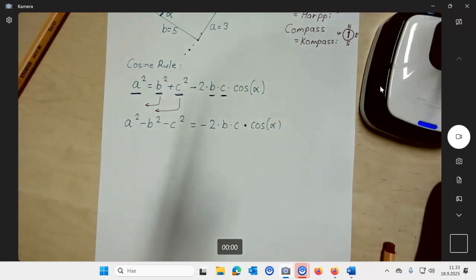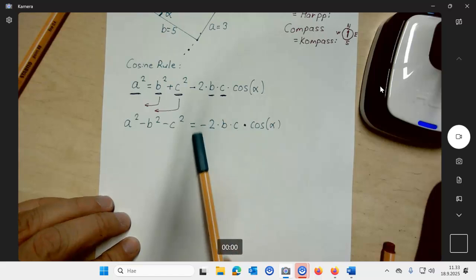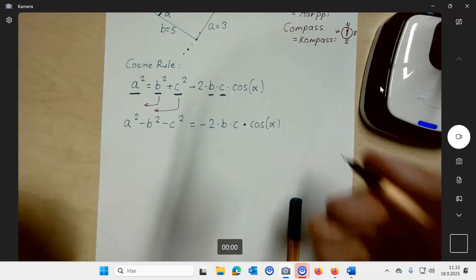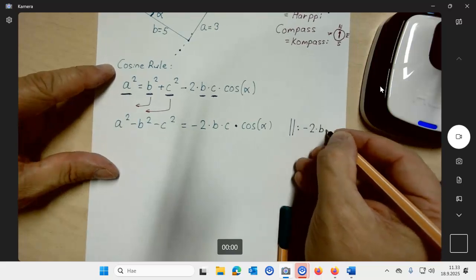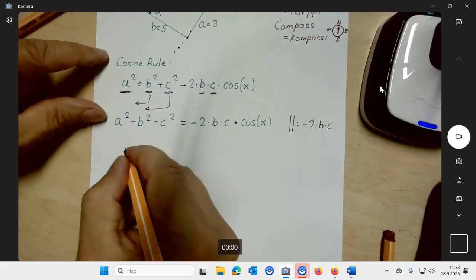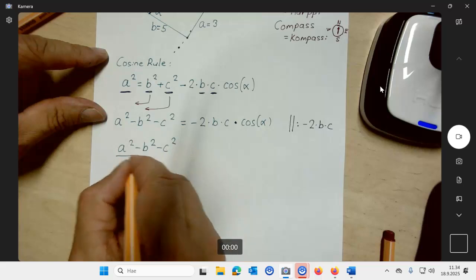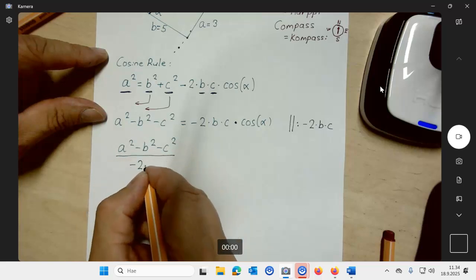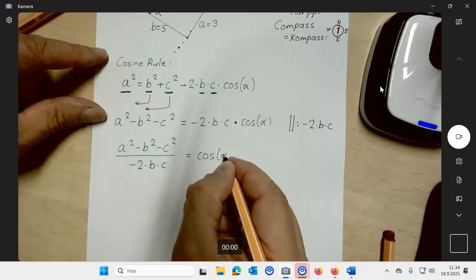And now what will I do when I want to solve the cosine alpha? Yeah, we divide by this here. So let's divide by minus 2bc. And that equals cosine alpha.